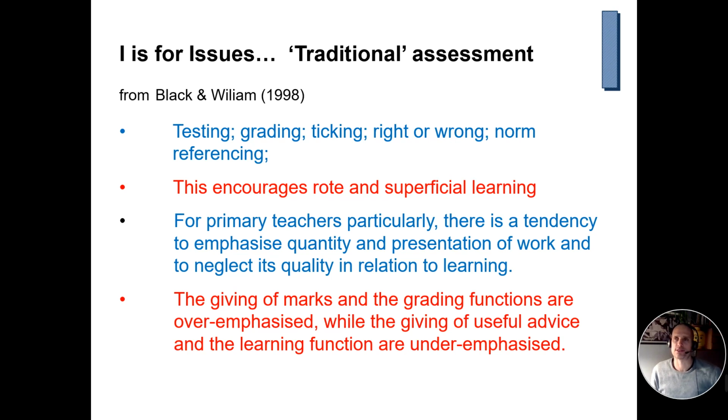They posited a range of problems with so-called traditional assessment, that it was very much based around testing and grading, ticking, it was right or wrong, and it very much encouraged what I would call norm referencing. I'm going to talk about that in a second, but comparison between students.